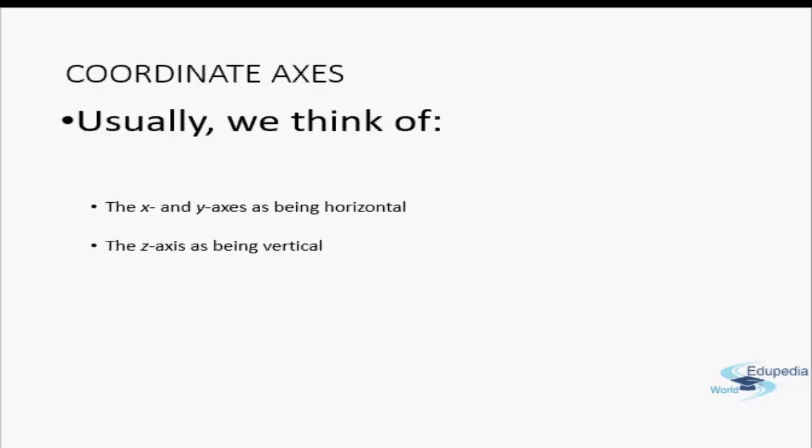This we know. Now this is the point that you need to understand. In the 2D coordinate system, we had an x-axis and a y-axis, and x and y were perpendicular to each other. Now in three-dimensional geometry, x and y are going to be on the horizontal plane, and of course, they're going to be perpendicular to each other.